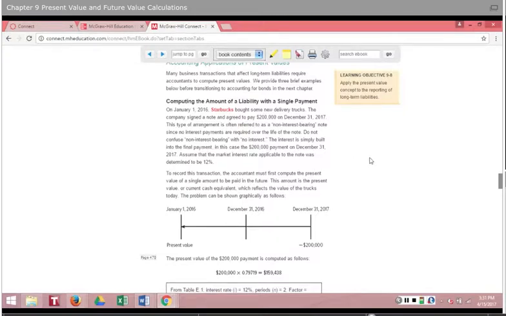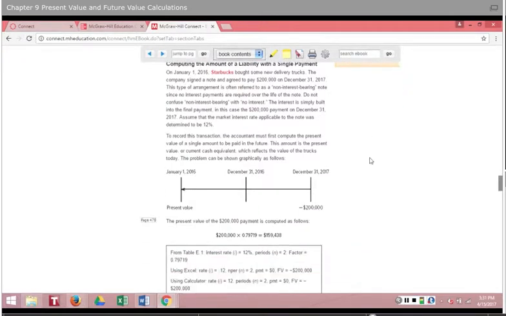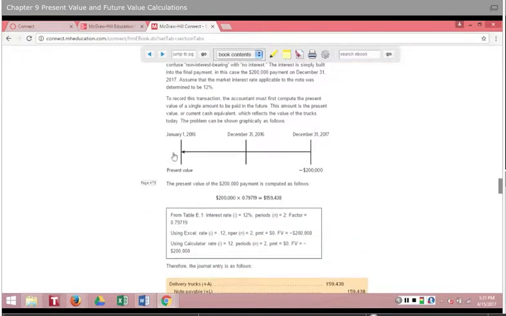And the answer is yes. And the way we would do that, and I recommend using these types of number lines, it just helps you tremendously to see that you're going to make a payment of $200,000 on December 31st, 2017. And now the question becomes, how much will you record this asset on the books at and the liability?